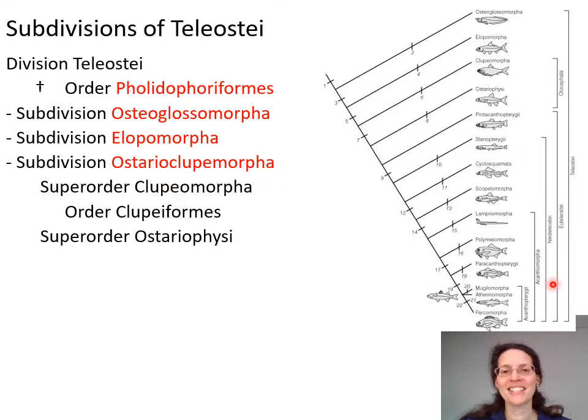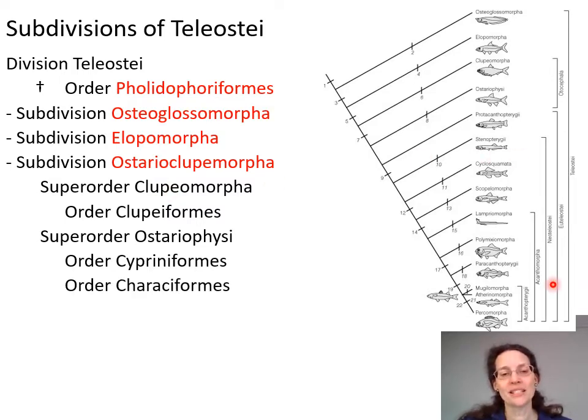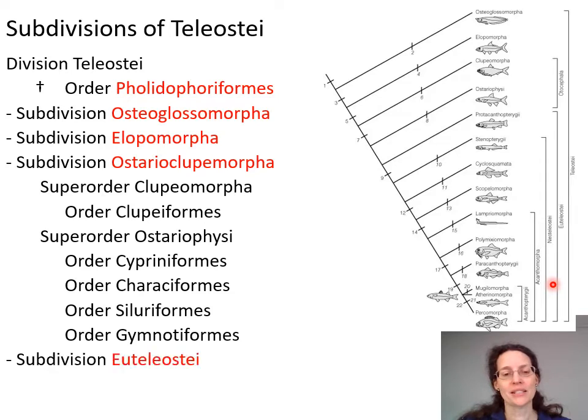So sometimes the names make sense. The Astereophysi include the Cypriniformes, the Characiformes, the Siluriformes, the Gymnotiformes, and that takes us to the Euteleostii. So the Euteleostii are like a whole bunch of other ones. We're not going to list their names here because there's so many, but that's our next big group.